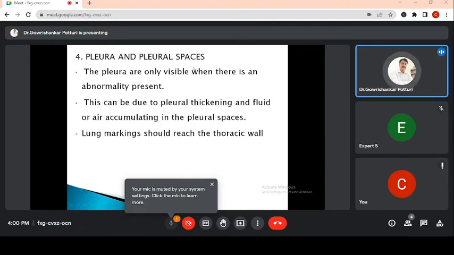Then pleura and pleural spaces. The pleura are only visible when there is an abnormality present. This can be due to pleural thickening and fluid or air accumulating in the pleural spaces. Lung markings should reach the thoracic wall.